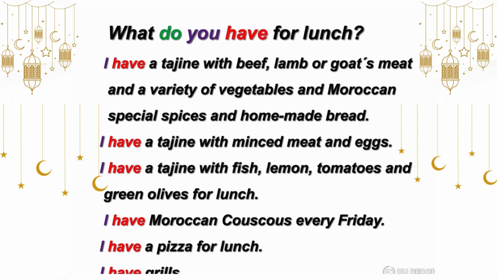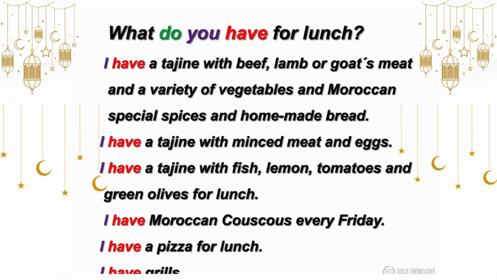The next example, I have a tagine with fish, lemon, tomatoes, and green olives for lunch. I have Moroccan couscous every Friday, because all Moroccan people, or the majority of Moroccan people, they have couscous every Friday. The next example, I have a pizza for lunch. And the last example, I have grills or barbecue.